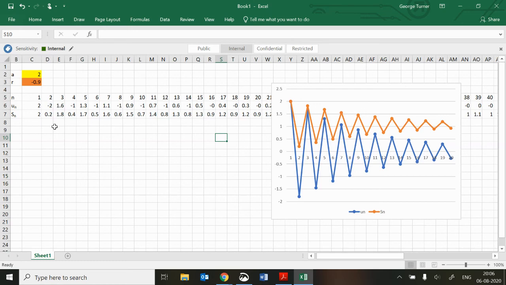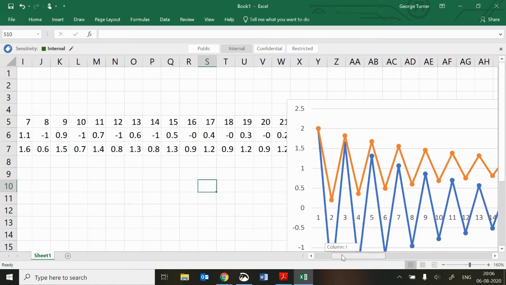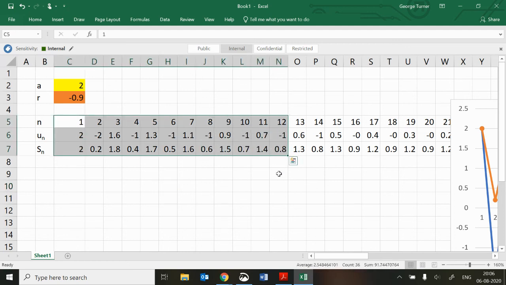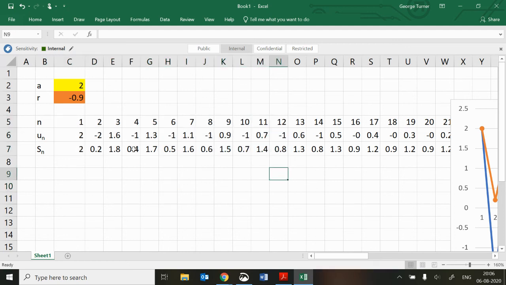This might be something that you want to try and do yourself. Challenge yourself to see if you can remember what happened there. And yeah, this is kind of useful potentially for your IAs later on, to be able to have these kind of skills with Excel.